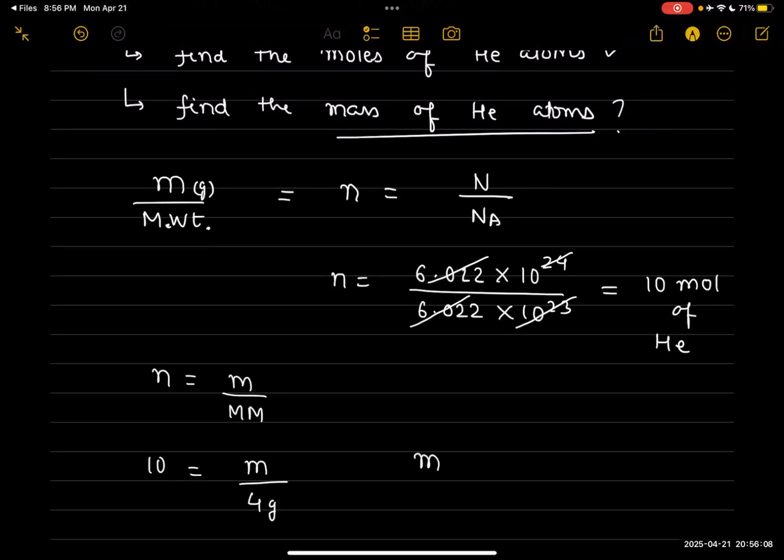So mass is equal to 4 into 10. Or you can directly simplify: mass of 1 mole was 4 gram and 10 moles was 40 gram. Mass of helium. Is it clear?